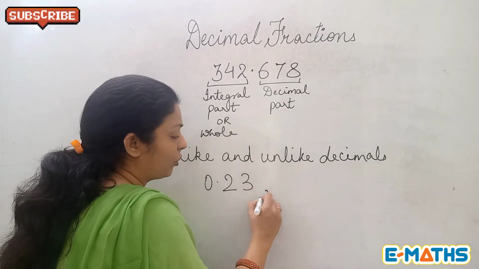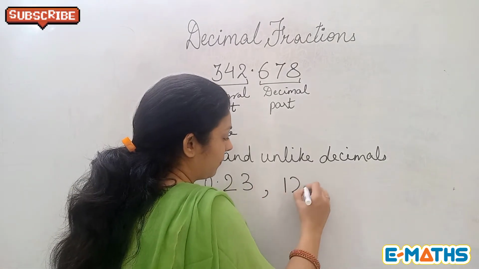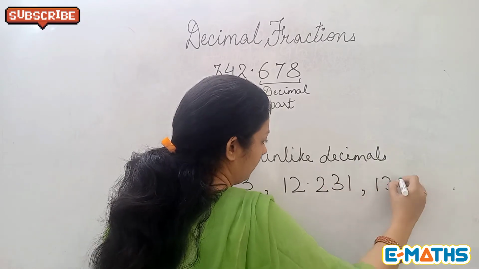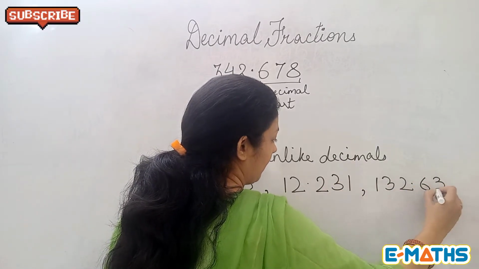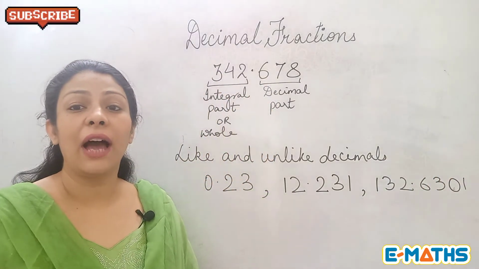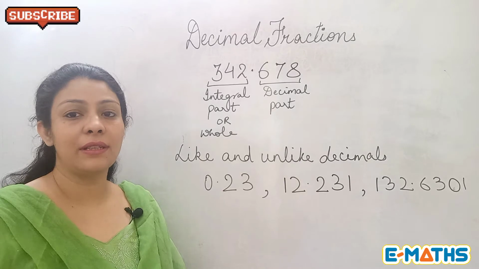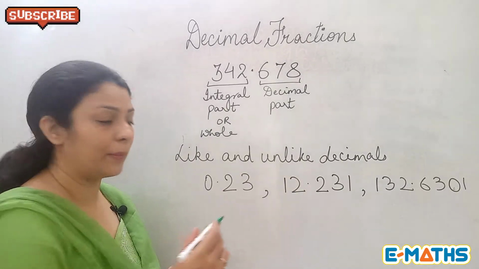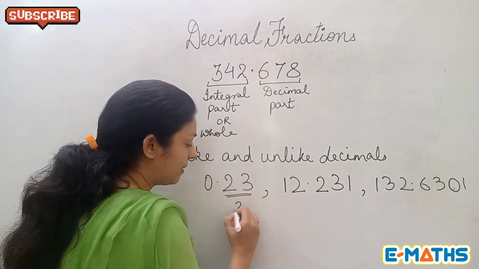I'm going to write certain numbers. I've taken these 3 numbers, all having decimal places. Now if you see the first number, we have only 2 decimal places.